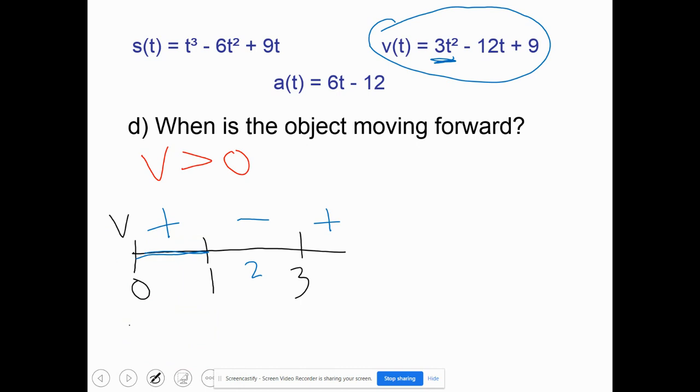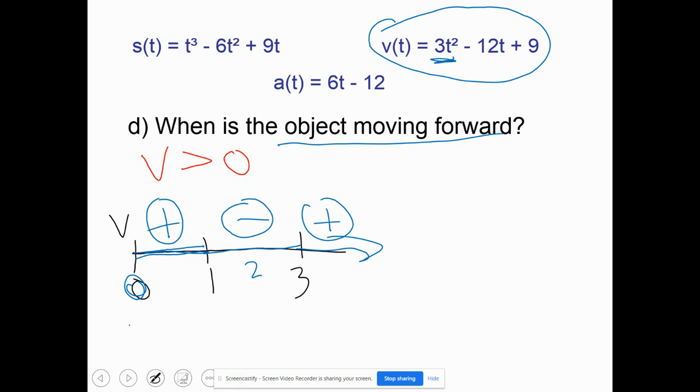Right? So the object starts at a time of 0, moves in a positive direction to a time of 1, then it stops. Then from 1 to 3, it moves in a negative direction. It's moving backwards. Then it stops. Then from a time of 3 up till whatever time you might be told to stop at, you're going to keep moving in a positive direction. So when was the object moving forward?